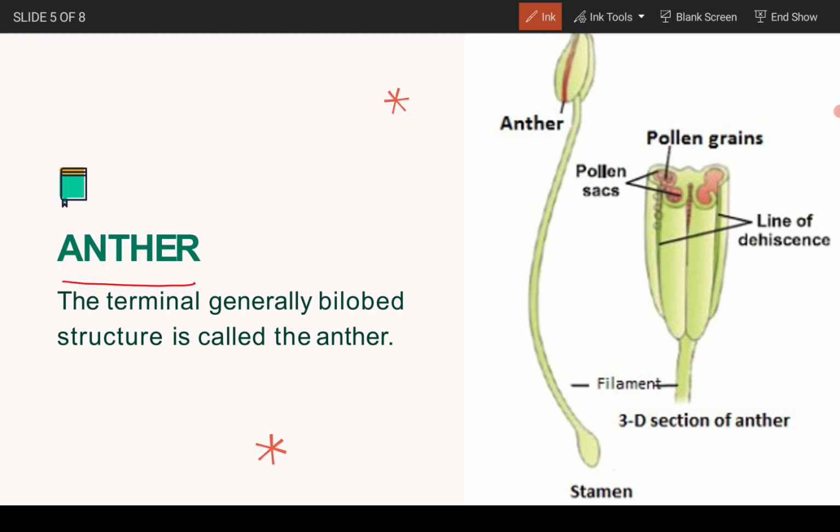So anther, the terminal, why is it used? Since this is the filament, we already saw what the filament is. The anther is present at the terminal position, which is the topmost or the ending position. It is referred to as terminal, generally bilobed. I will come to this in the next slide, where I will tell what is bilobed and why the anther is called bilobed.